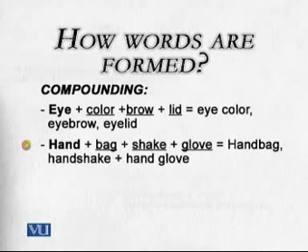Please keep one more important thing in mind. In compounding, it does not matter whether we hyphenate our words. Hyphenate means two words put together but still divided by a small dash, a hyphen. Or fused together: two words together with no hyphen and no space.